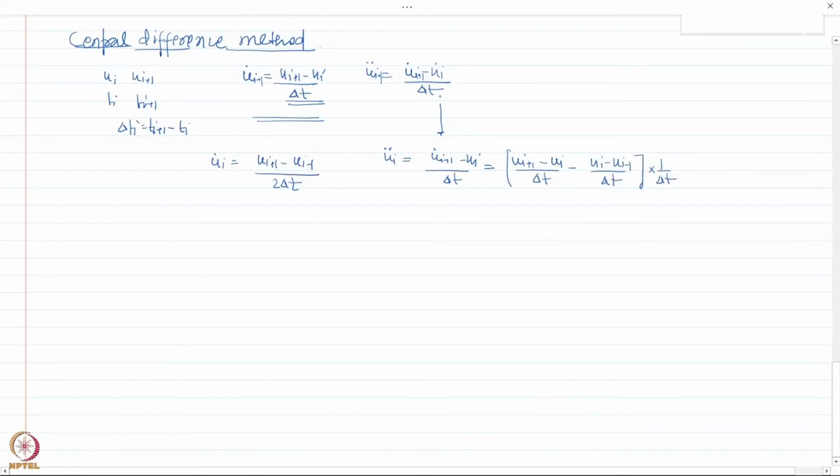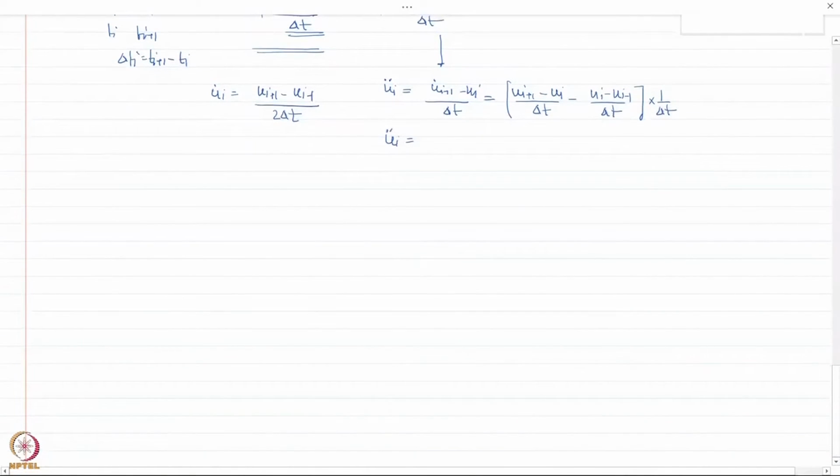So we can arrange it and write our acceleration as (u_{i+1} minus 2 times u_i plus u_{i-1}) divided by delta t square.